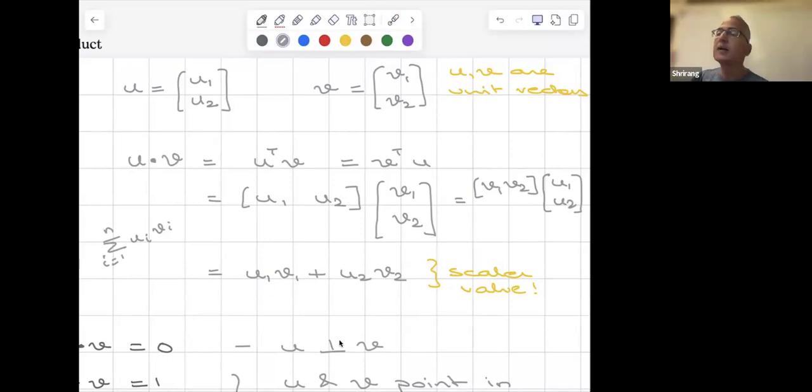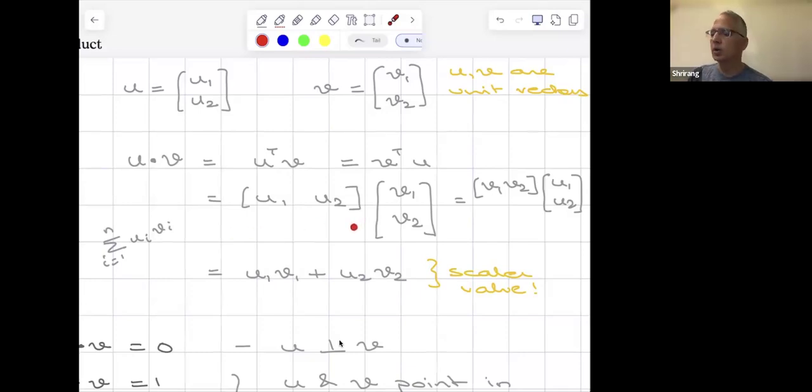In terms of vectors, our vectors are always column vectors. So I will write U transpose V. A transpose basically rotates a column vector by 90 degrees. It interchanges the rows and columns. So instead of this column vector U1, U2, U transpose will be this row vector.